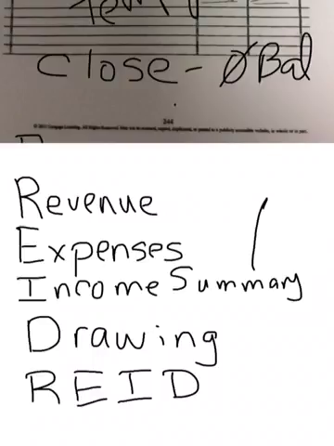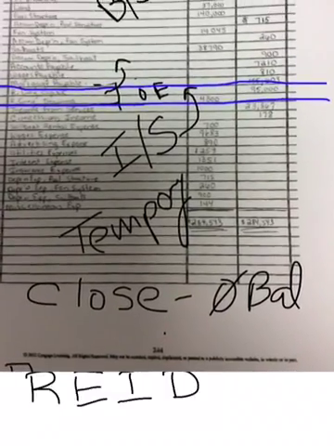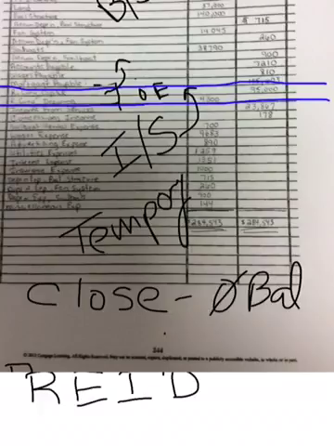So when we look at the R, we actually have two accounts that are revenue accounts. The first one is income from services, and the second one is concession income. If I go back and look at these two accounts, I see the amounts right here. Now you will notice that these are in the credit column. Since they are in the credit column, we need to debit these accounts to make them zero.